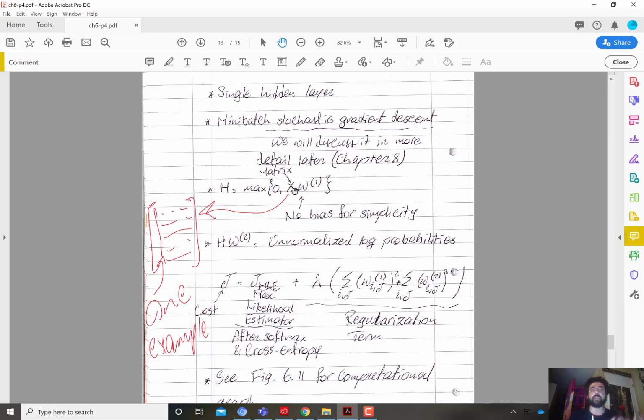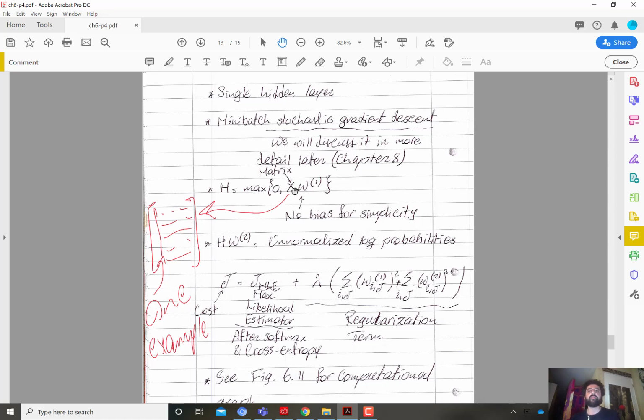Now the linear transformation in the first layer becomes a matrix multiplication. You multiply the X matrix containing all the vectors with the W matrix, the weights, so that you get another matrix, and that matrix has the pre-nonlinearity values corresponding to all the examples.